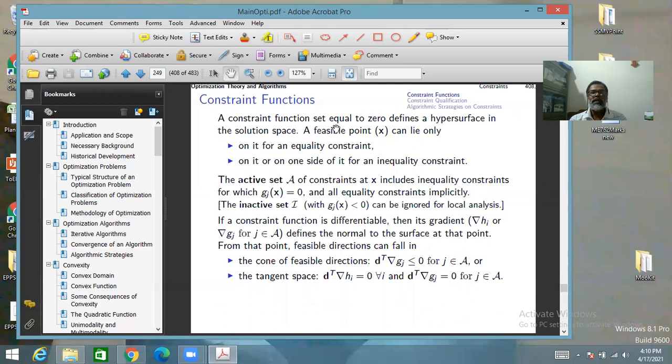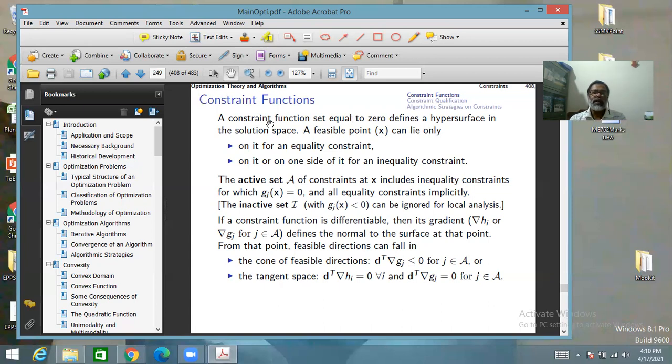So a constraint function set equal to 0 defines a hypersurface. In 3D, an equation among x1, x2, x3 will give you a surface, right? The same thing when generalized to an arbitrary number of variables is called a hypersurface.